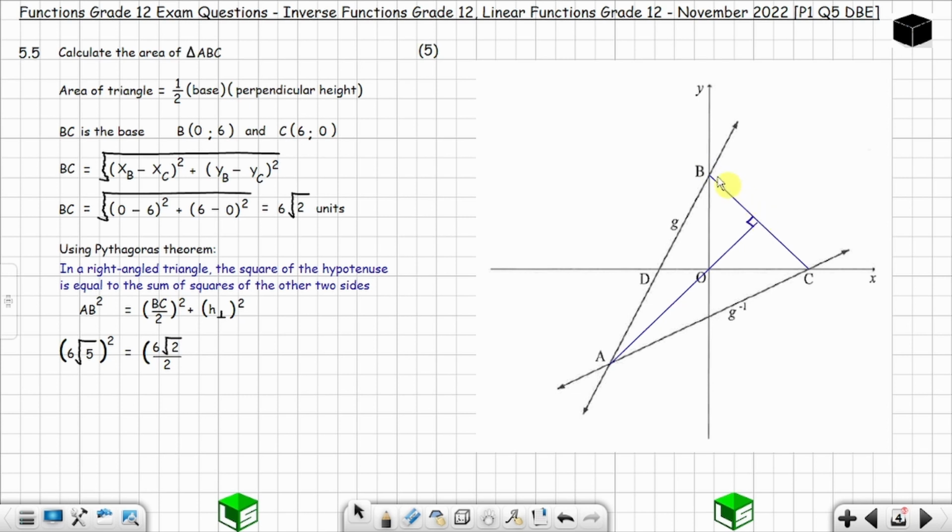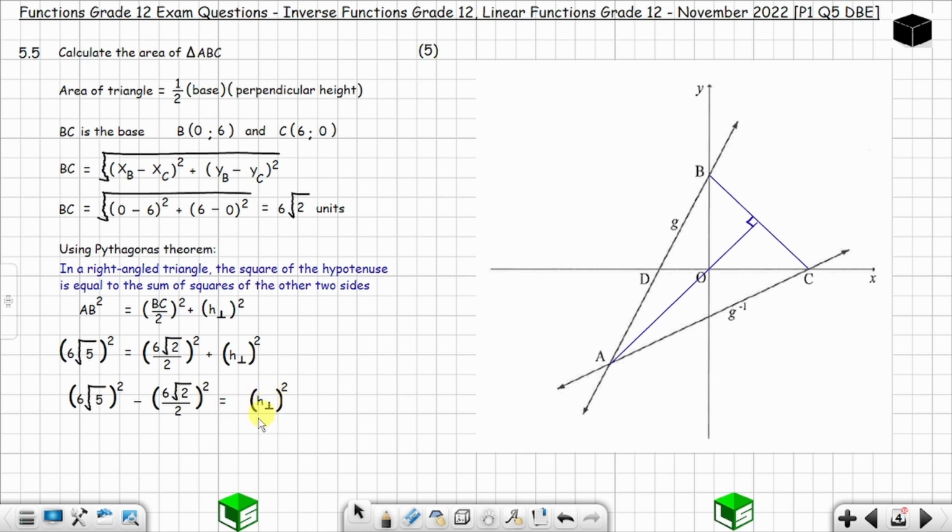This is BC over 2 square plus you have the perpendicular height square. You take this to the left, it becomes minus this, and you remain with only the height square. You are trying to get the perpendicular height.